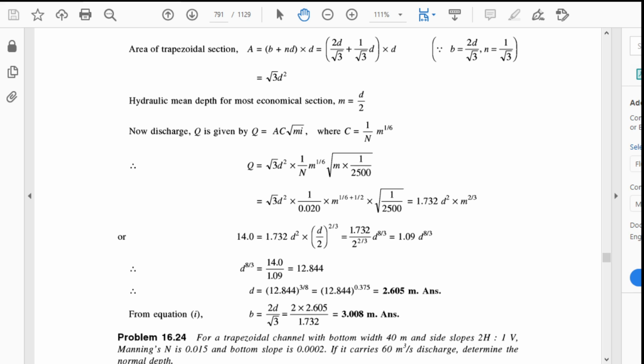So in the whole module, you have to remember the two slopes, first is I and second is n. Okay, we will move further to the most economical circular section in the next video. Up to this we have covered the most economical rectangular section and the most economical trapezoidal section along with the numericals for both the sections. Okay, thank you.